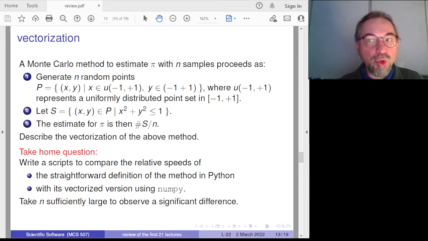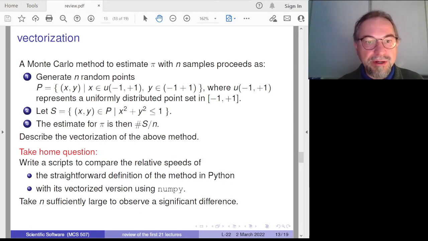We have seen the where command where we can do tests. So the first part is instead of doing simple loops or making list comprehensions with all the points sitting in there, you call the random number generators of NumPy that will generate for you an entire vector of points right away.